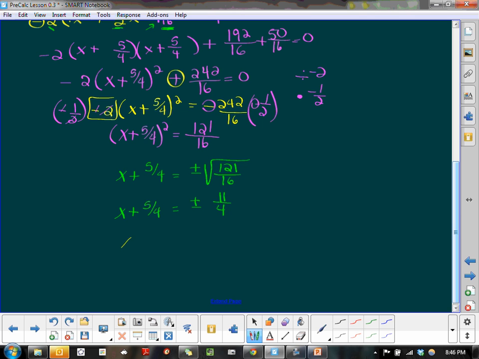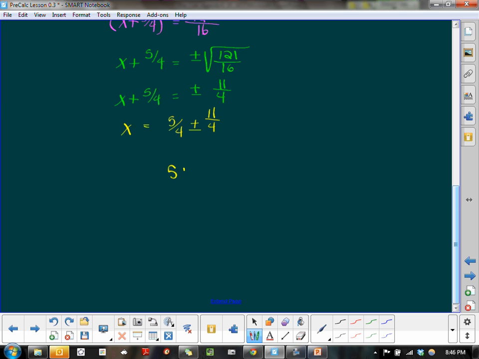So we add 5/4 to 11/4. Do the plus or minus 11/4. Do the indicated, there's two operations here. One is 5/4 plus 11/4, which is 16/4, or one of our answers is 4.